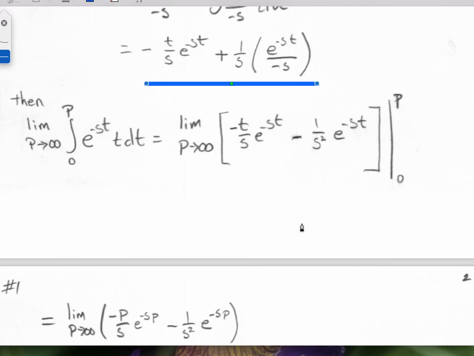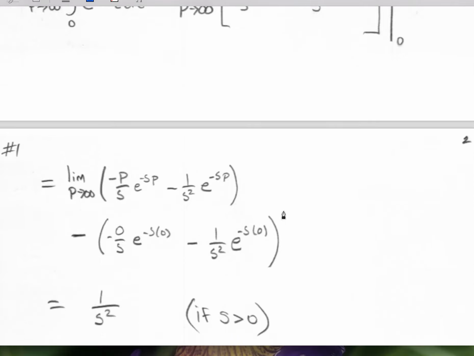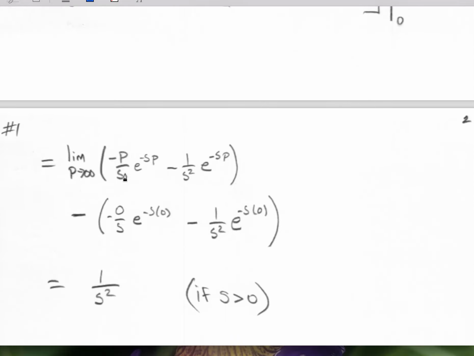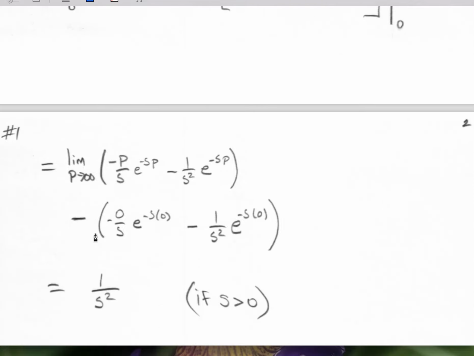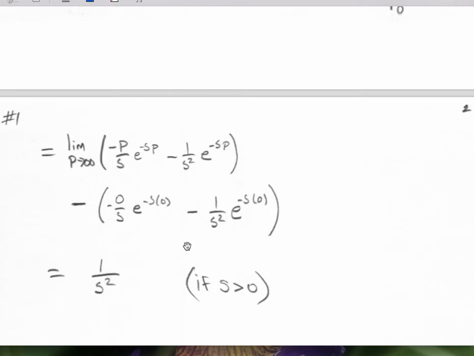So I applied p wherever I saw t, and I applied 0 wherever I saw t, and this all simplifies to 1 over s squared.